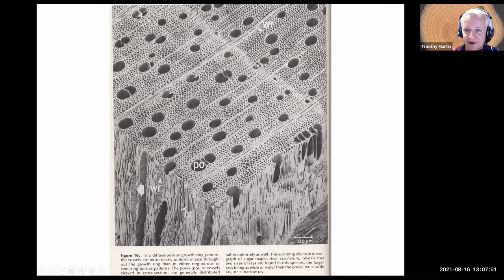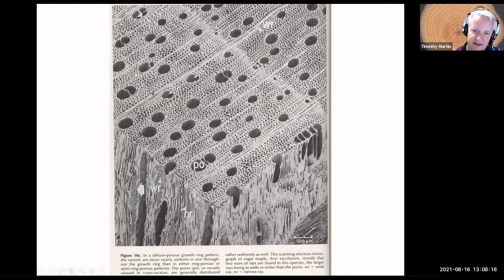Some of these may be tracheids, but most of them are fibers. They're providing the mechanical support for this angiosperm wood, and the vessel elements are providing water transport, just like big pipes. You can see here's a big vessel that got cut open. Here's another vessel that got cut open. Okay.